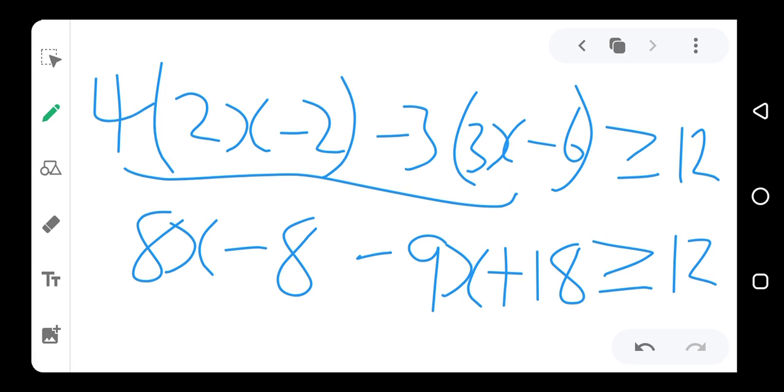Now we simplify further by collecting like terms.